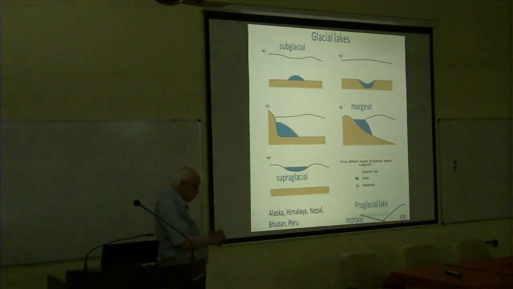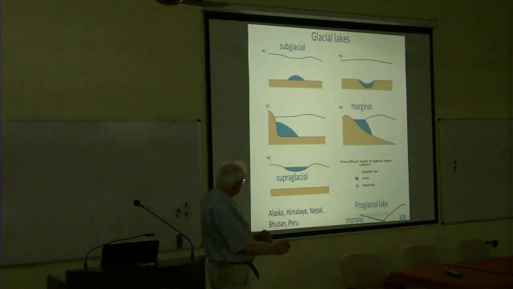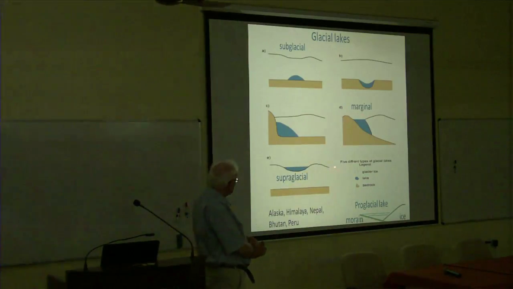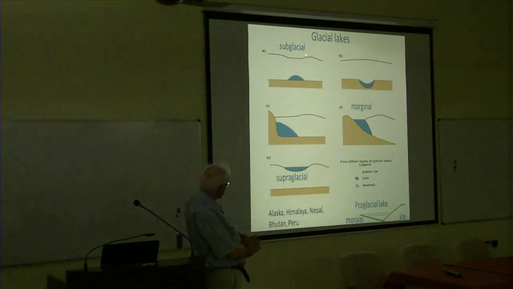And we can classify or distinguish between several types of lakes. We can have subglacial lakes. They are, as the name is telling you, located underneath the glacier.